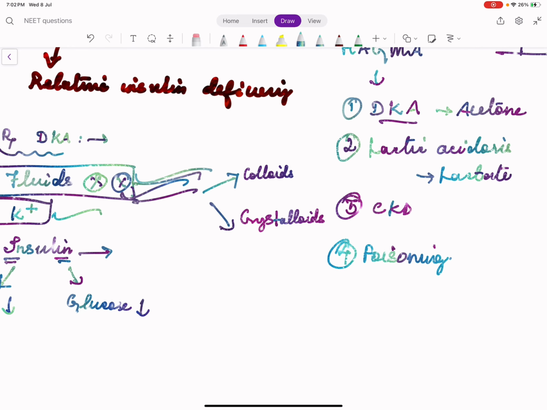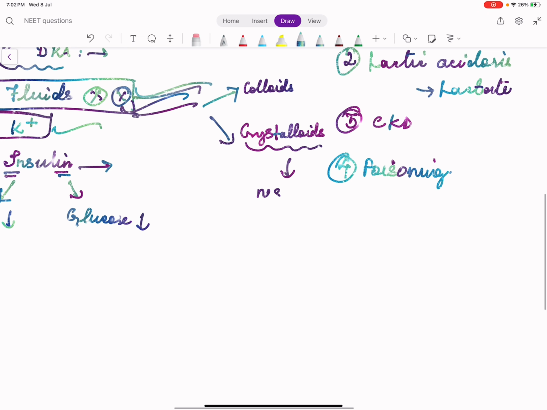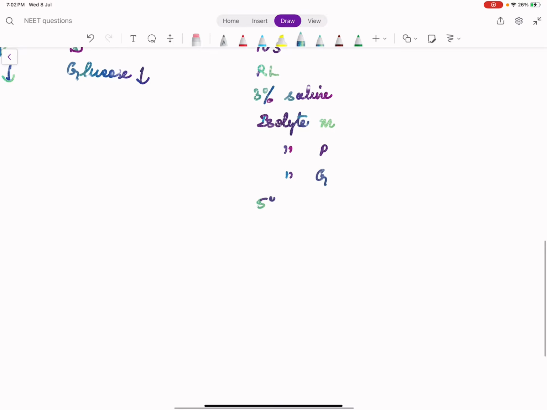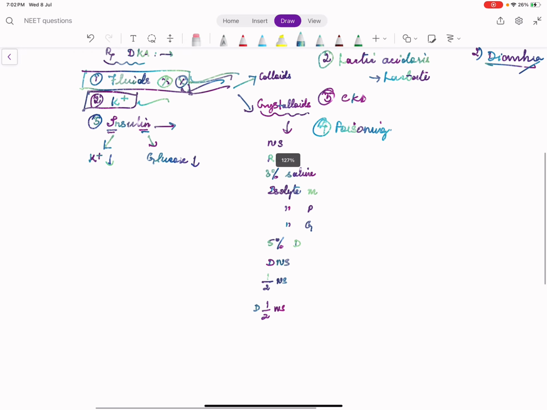Crystalloids are the common fluids which we see in our ward during our residency, like the NS normal saline, Ringer's lactate, 3% saline, Isolyte M, Isolyte P, Isolyte G, and 5% dextrose, DNS, dextrose with normal saline, half normal saline, dextrose with half normal saline. So all these are crystalloids.